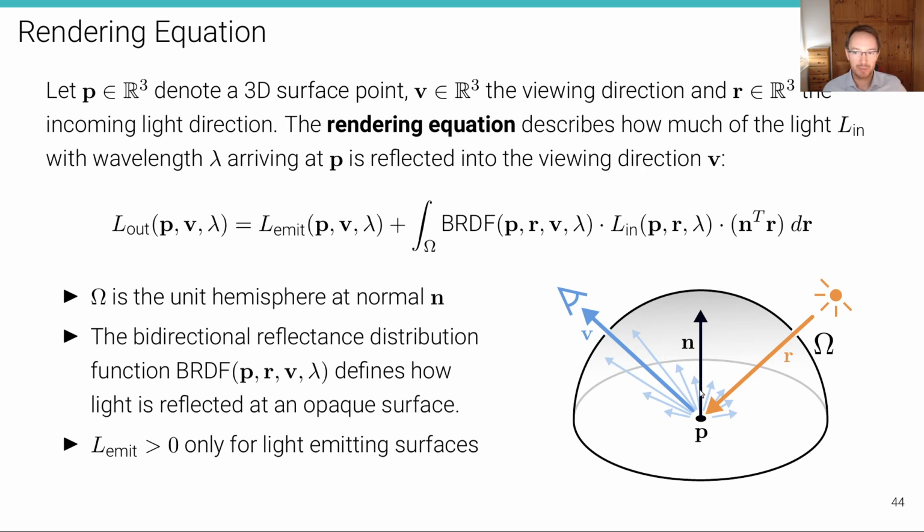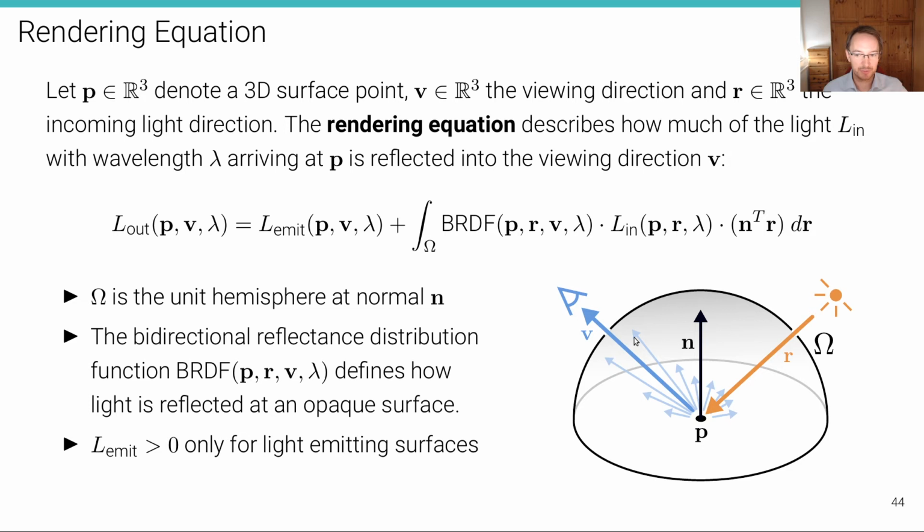And furthermore, we have the normal N at that surface point P. The rendering equation then describes how much of the light that's arriving at this point with a particular wavelength lambda is reflected into the viewing direction.